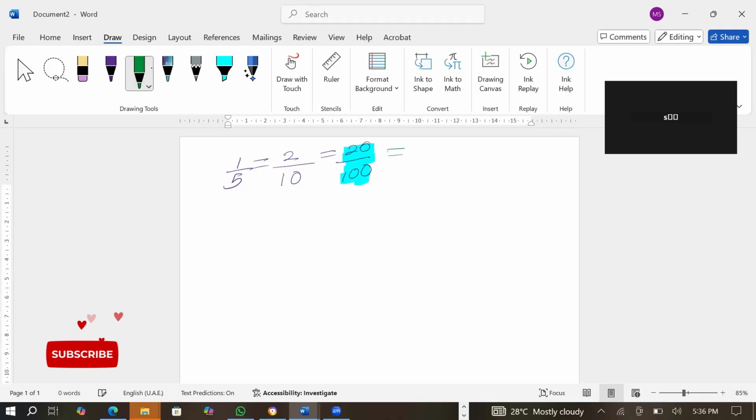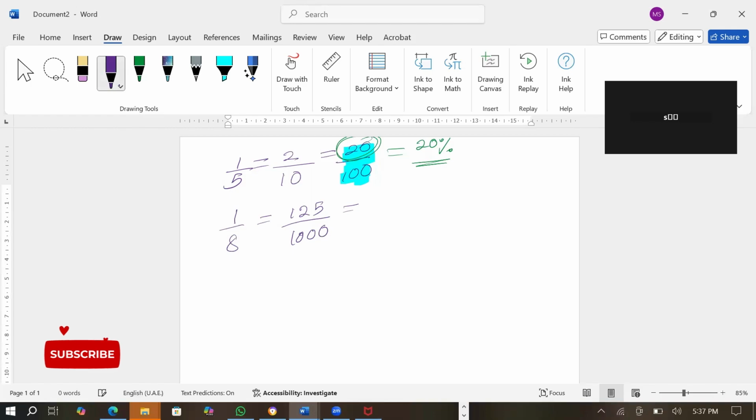A fraction with denominator 100 can be written as a percentage. What is the percentage? The same numerator is written with a percentage mark.